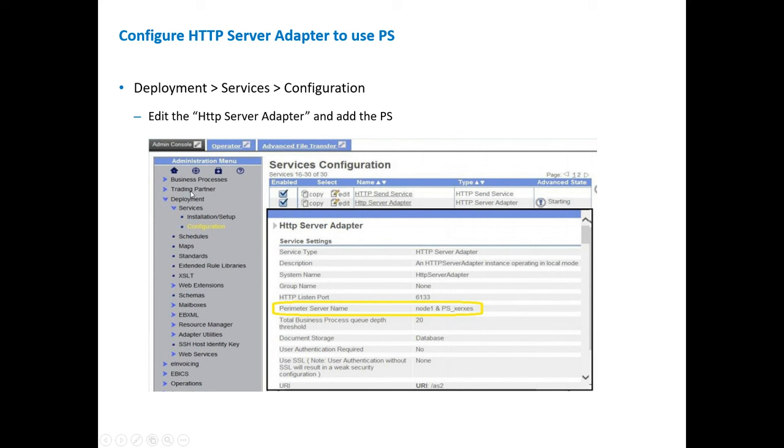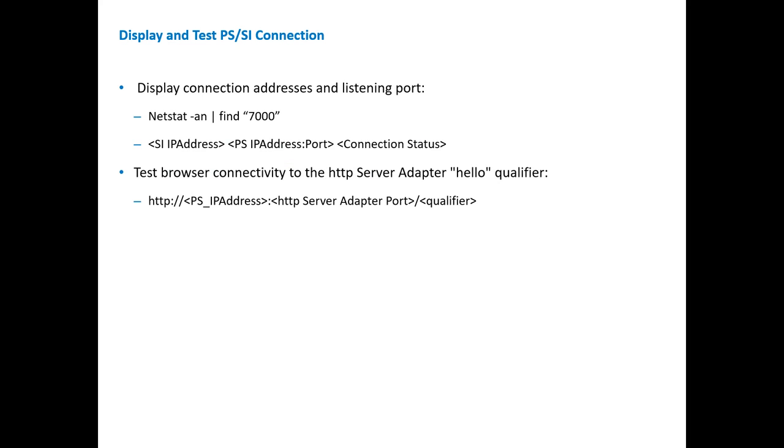Now if you go to deployment and then services configuration and then search for HTTP server adapter, edit that HTTP server adapter, and you need to add the perimeter server name within the adapter. Under the drop down, you would see the perimeter server that you have added, and you need to save that configuration to use the perimeter server.